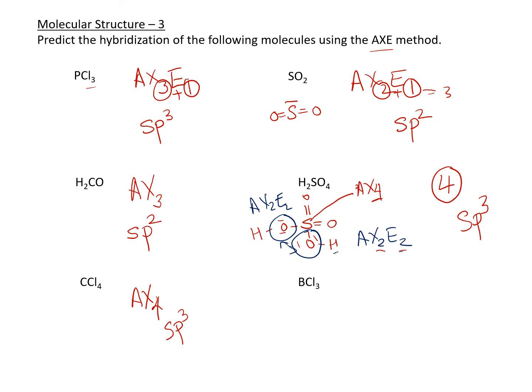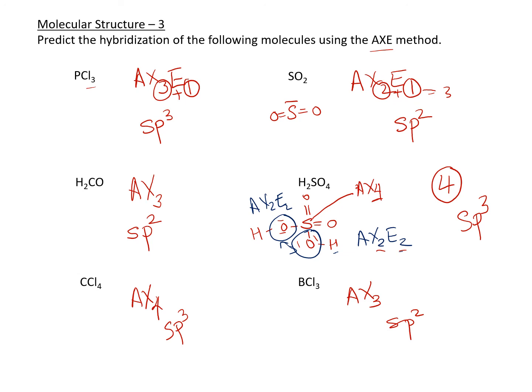Now BCl3. BCl3 is going to be AX3 at least, and boron is in group number 3, so it doesn't have any electrons left over, which means AX3 is it. If this is it, then you have sp2 hybridization in this case. That's how all of these things will work out.